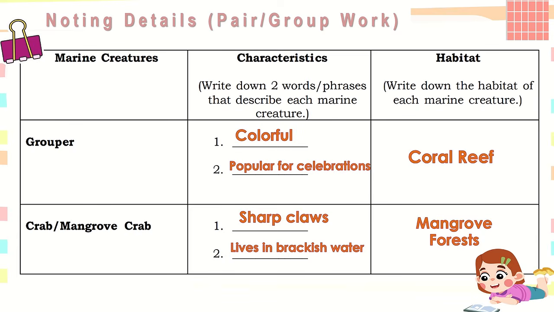So here are the possible answers. For grouper, its characteristics: colorful, popular for celebrations. Habitat: coral reef. For crab or mangrove crab, its characteristics are sharp claws, lives in brackish water, and its habitat is mangrove forest.